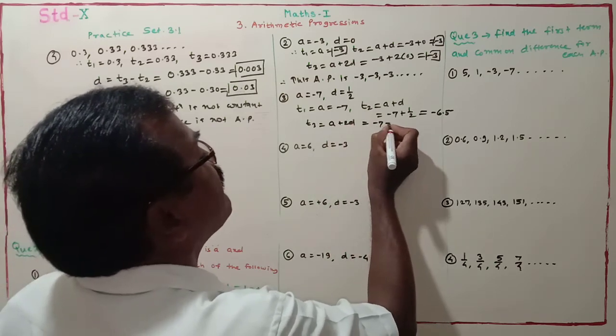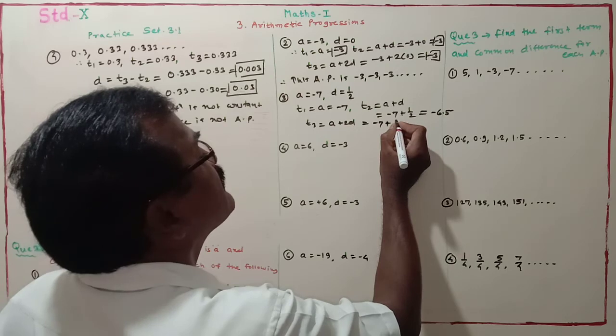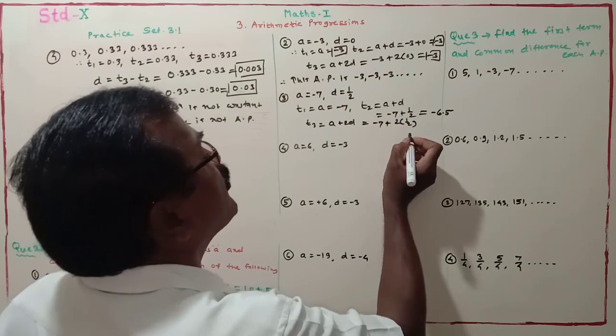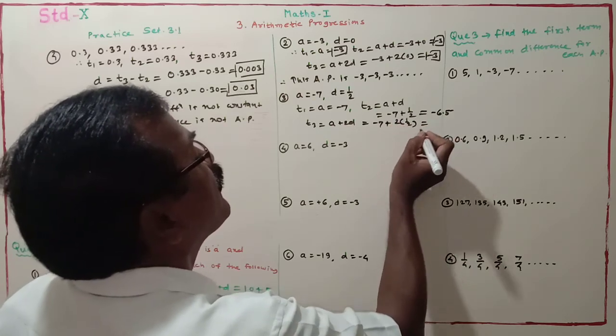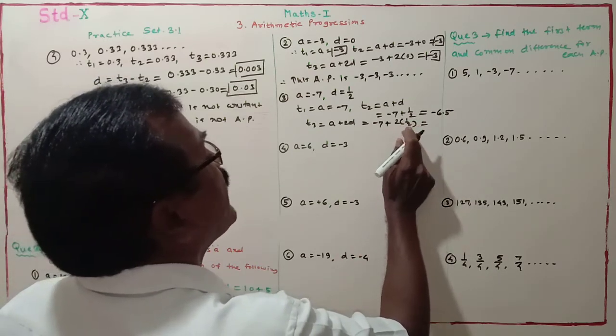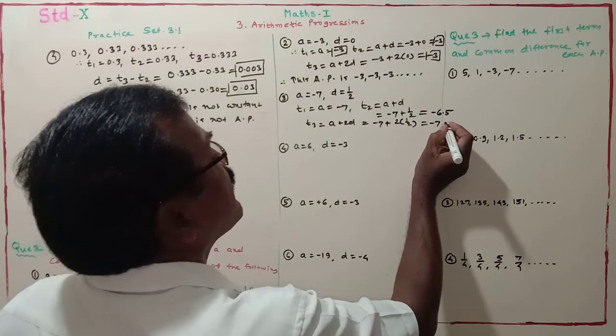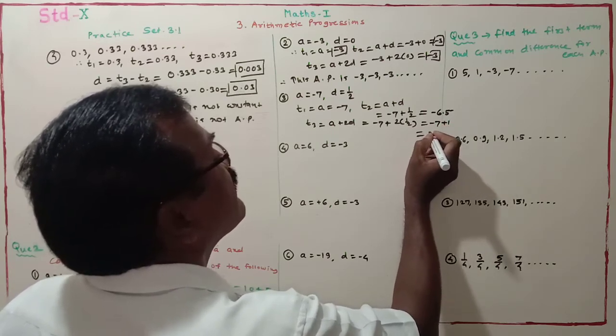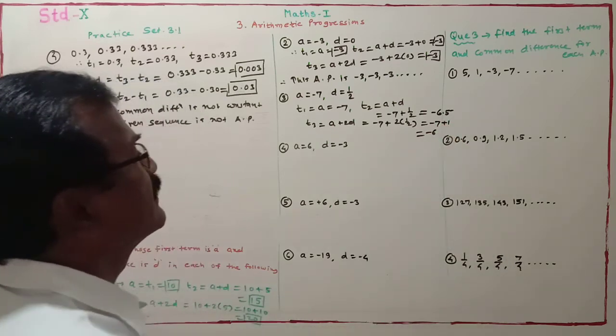A is minus 7 plus 2 into bracket 1 upon 2, cancel 2 and 2, remaining is minus 7 plus 1 is minus 6.